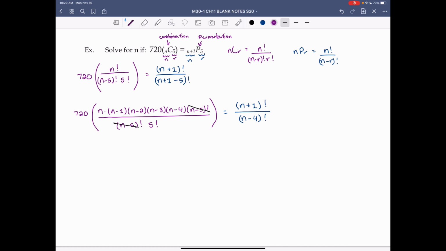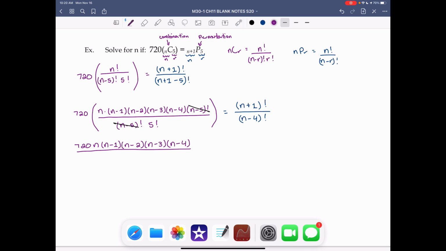On the left side, I'm going to multiply the 720 into the fraction, so 720 times n minus 1 times n minus 2 times n minus 3 times n minus 4 divided by 5 factorial.